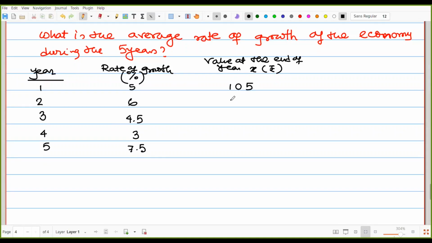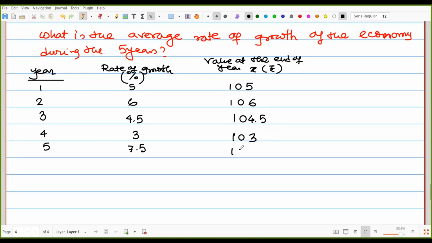Then in the second year, I am getting 106. In the third year, I am getting 104.5. Not the compound, only simple, I am using 100 rupees in the third year. Then after the third year, I am getting 100 plus 4.5 in that way.